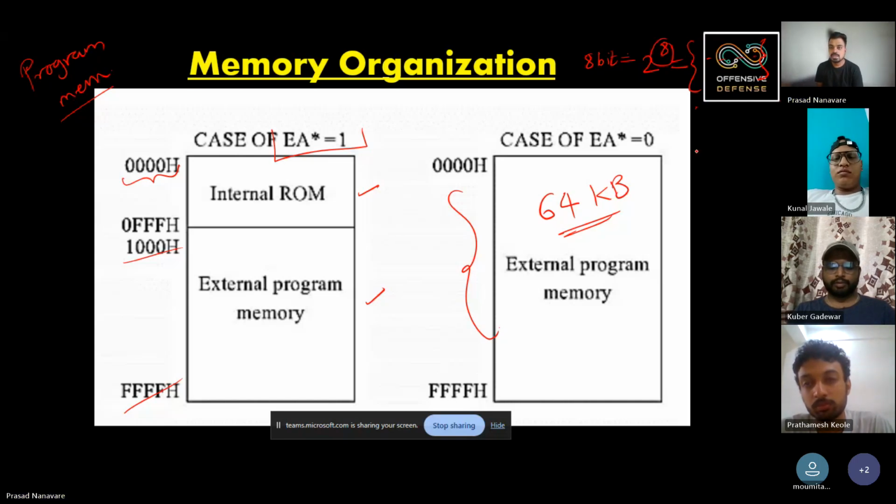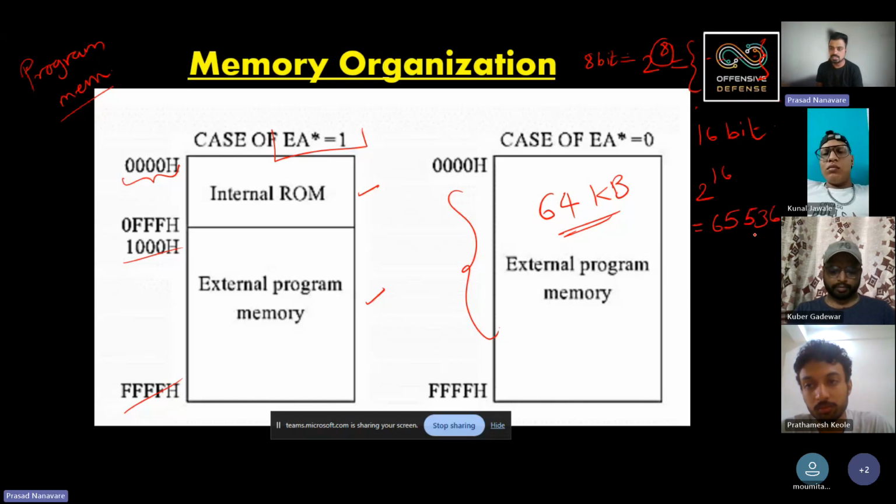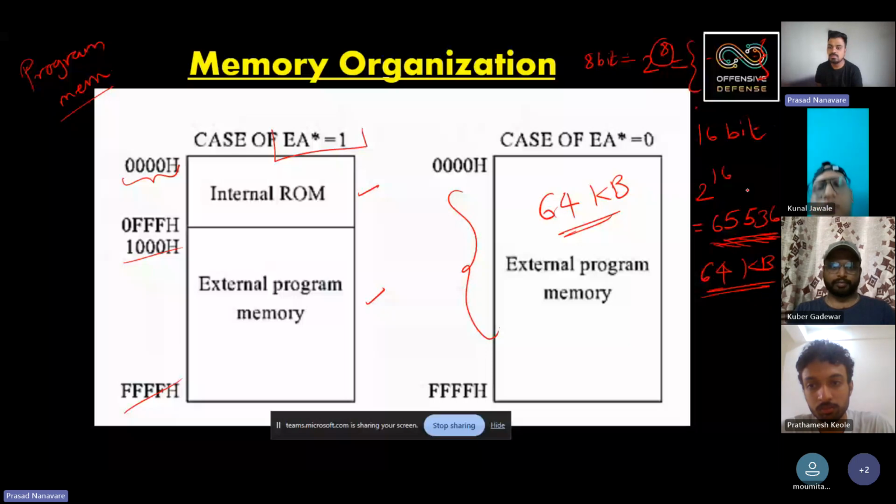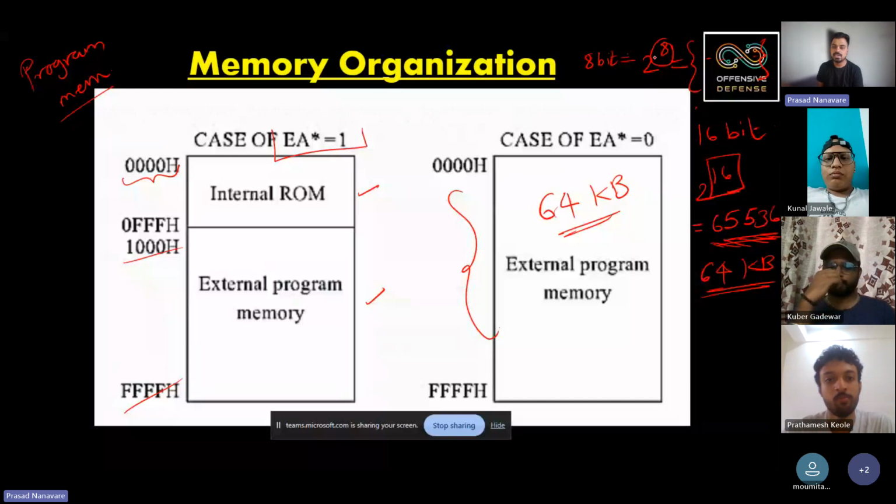If it's a 16-bit microcontroller, then of course it's 2 raised to 16, which comes to 65,536 addresses. So we can interface a maximum of 64 KB of memory, because these are the addresses my microcontroller will be able to host using its address bus, because it has a 16-bit address bus, versus an 8-bit address bus. So that's the thing.